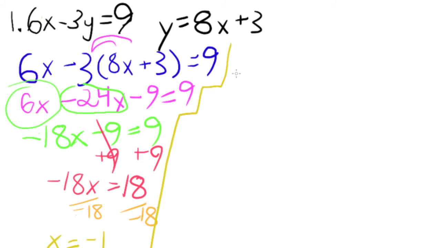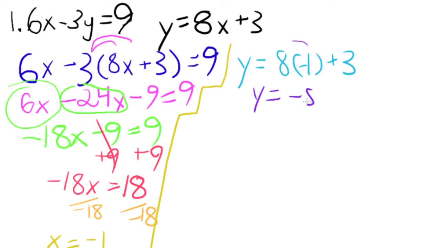So I'm just going to get y equals 8 times negative 1 plus 3. And I'm just going to multiply. y equals negative 8 plus 3. And in the end, that will give us y equals negative 5.